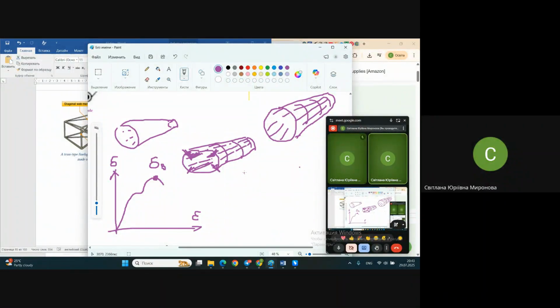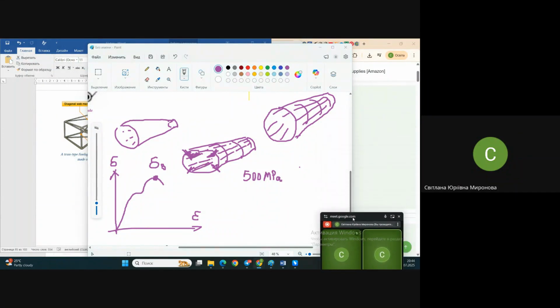Some middle one is approximately 500 megapascals, MPa, and aluminum alloys, a high strength aluminum alloy, has strength around 300 megapascal.